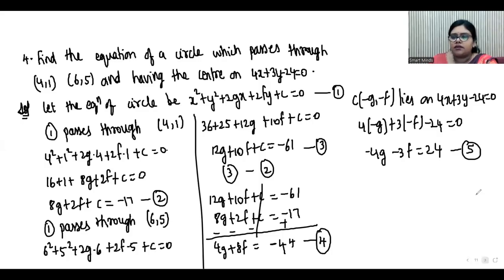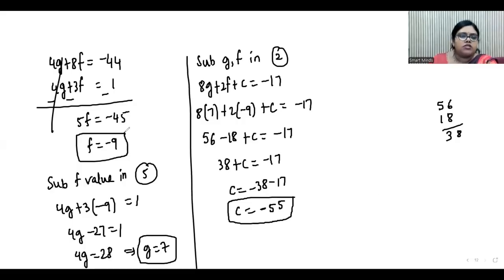So this is minus 4g minus 3f is equal to minus 24. So here it will become minus 20. So this is minus 4.